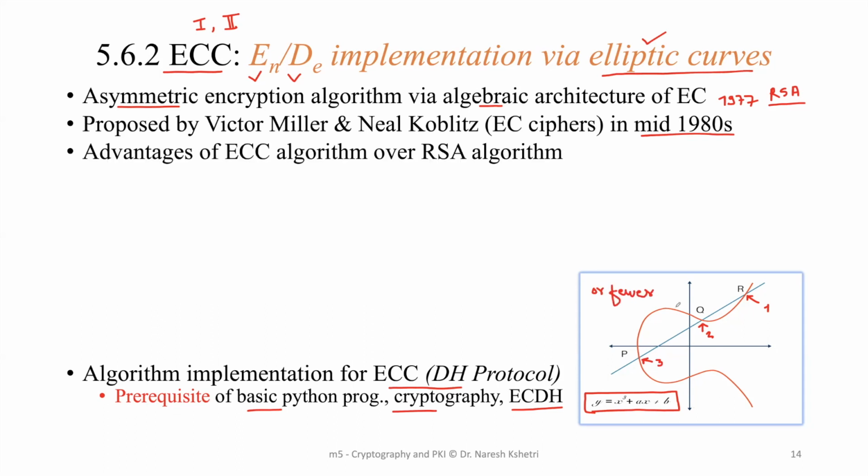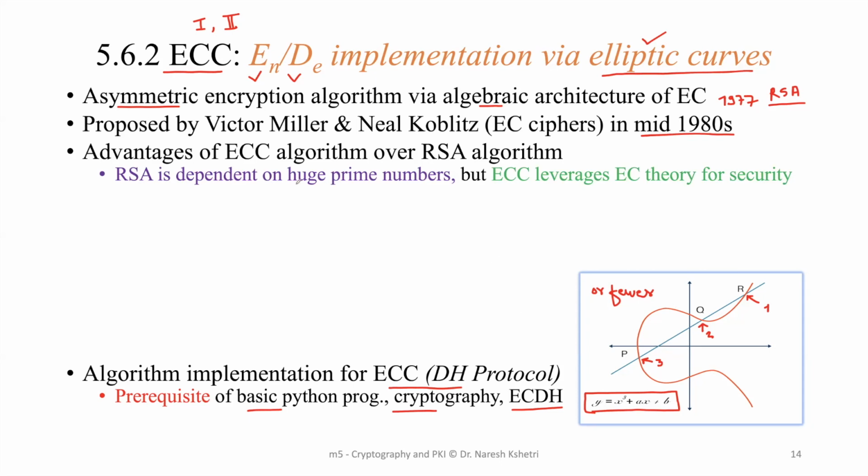Now the advantages of ECC over RSA. ECC is an alternative technique to RSA. RSA depends on huge prime numbers, that is, prime factorization, but ECC leverages elliptic curve theory for security. Due to the smaller key size it is able to maintain security, whereas growing key sizes put a demand on devices, drawing on scarce mobile resources.